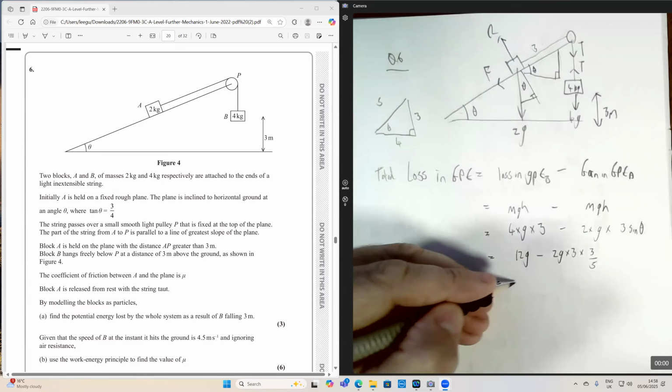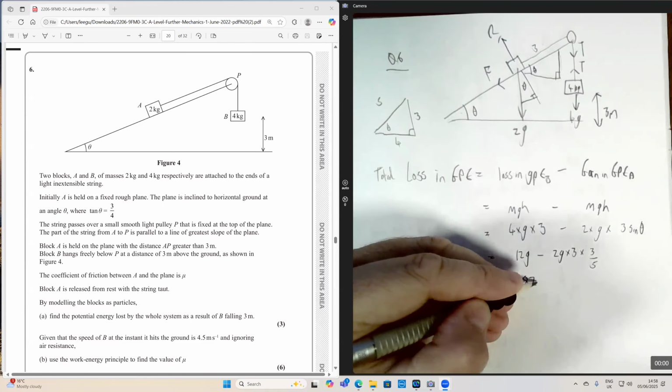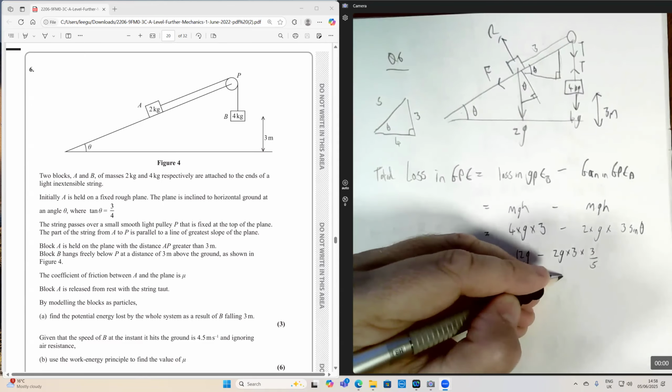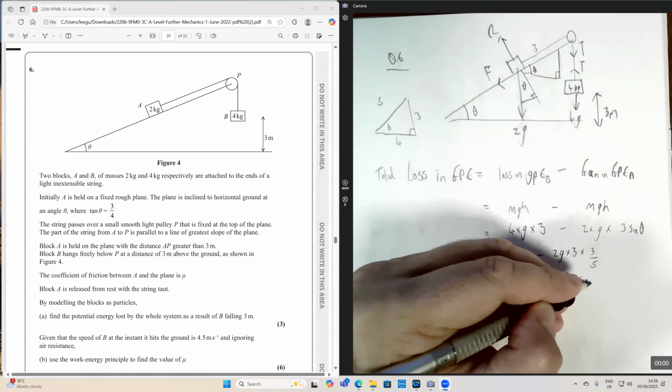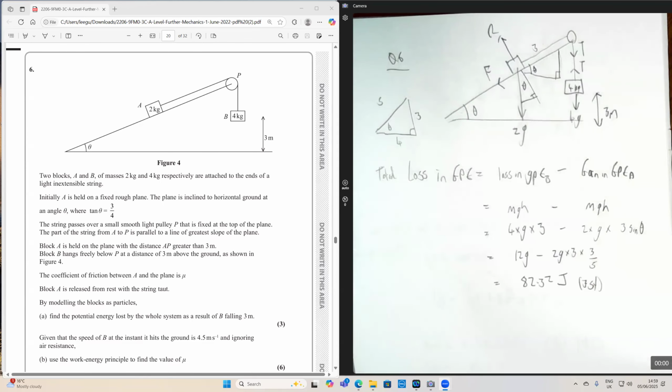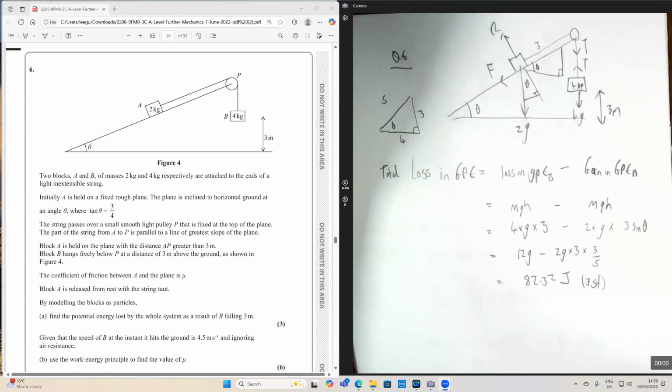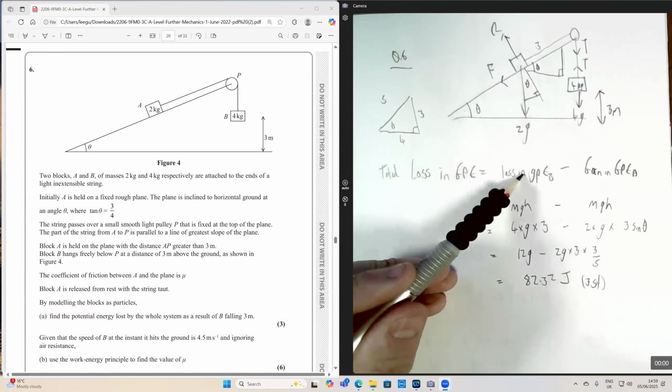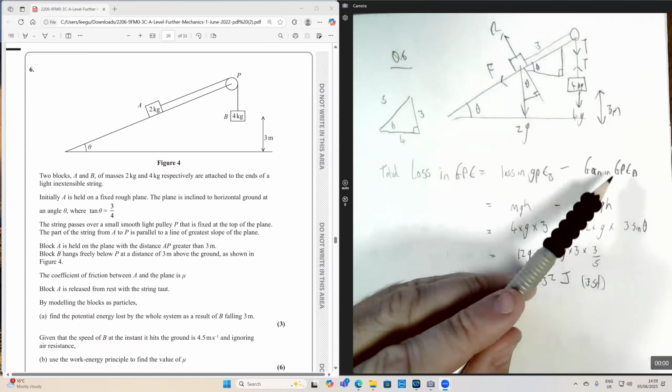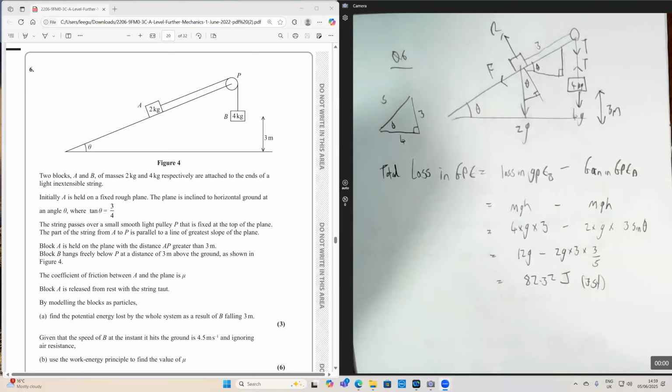Okay, we put that into our calculator and we find that that is 82.32 joules to 3 significant figures. So that's our loss in gravitational potential energy. It's the loss in gravitational potential energy of B minus the gain in gravitational potential energy of A.